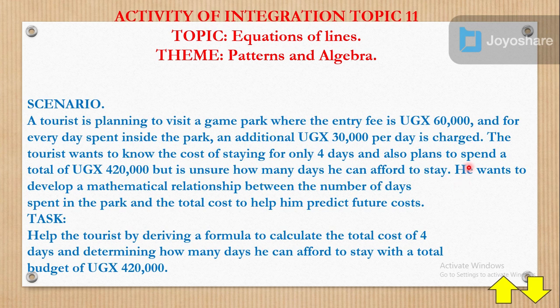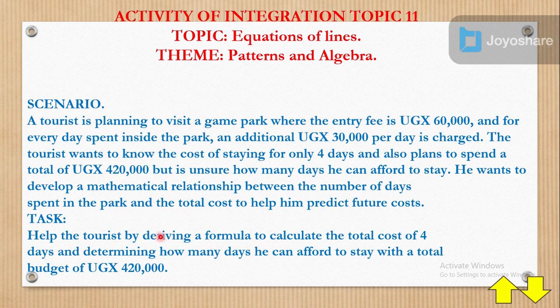He wants to develop a mathematical relationship between the number of days spent in the park and the total cost, to help him predict future costs. Okay, help the tourist by deriving the formula.